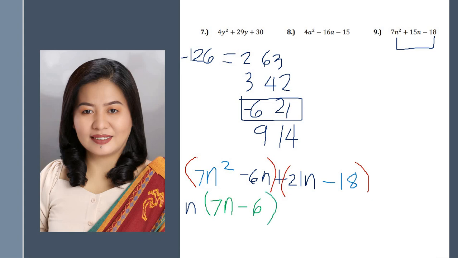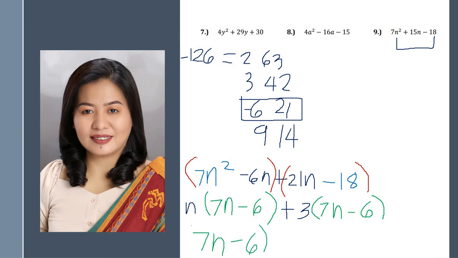And we have plus 3. And 21n divided by 3 is 7n. 18 divided by 3 is 6. So the factor would be 7n minus 6.